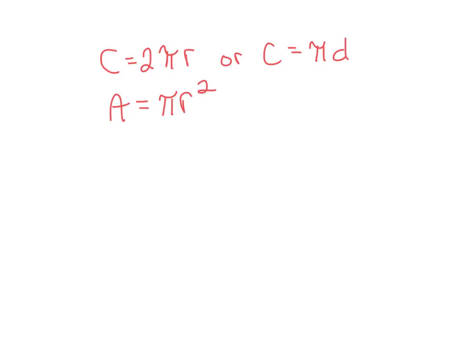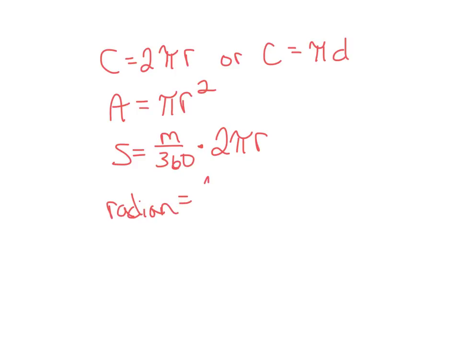You have arc length, which is m over 360 times 2 pi r. And you have radian, which is equal to m over 360 times 2 pi. And so those are what you need basically to do the homework.